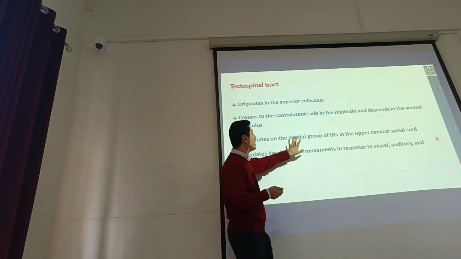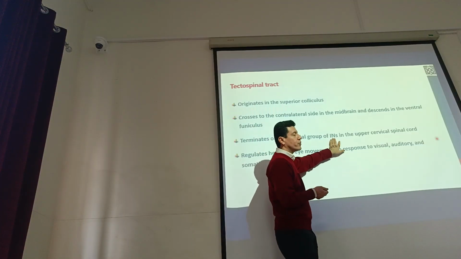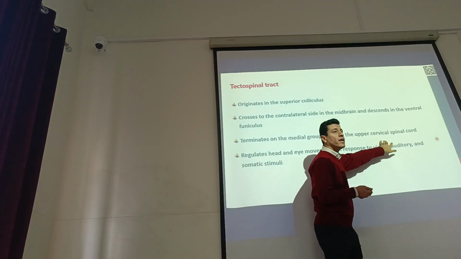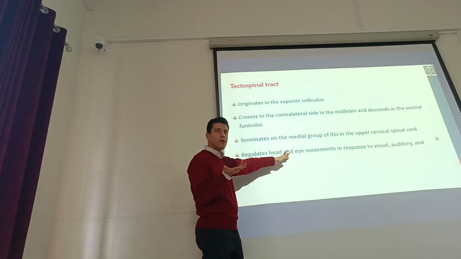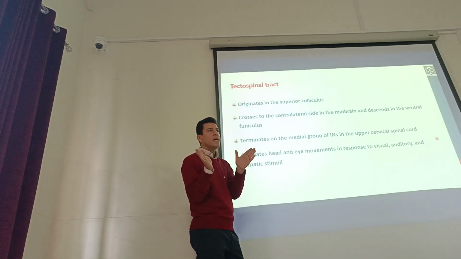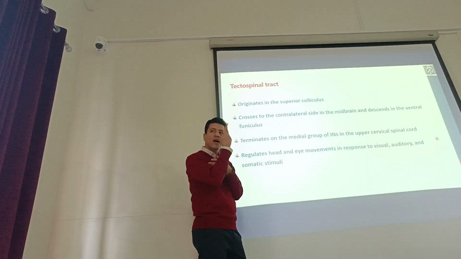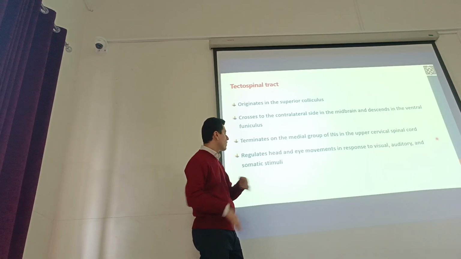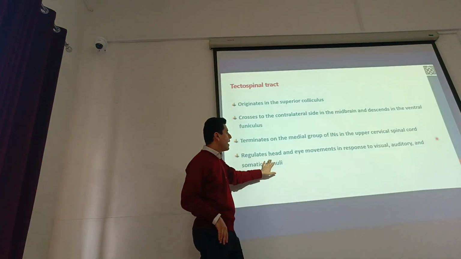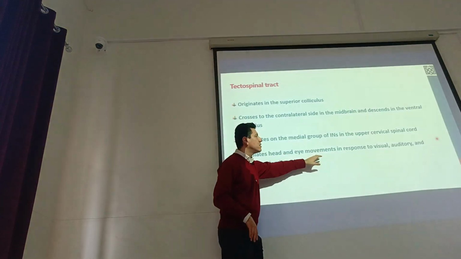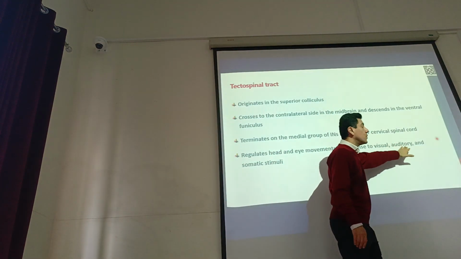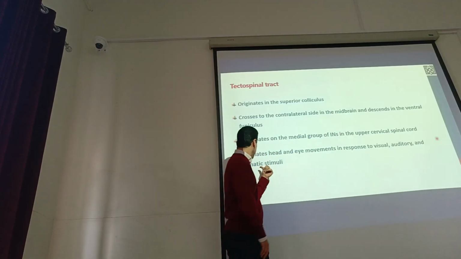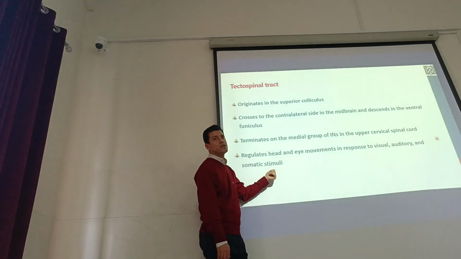They terminate on a medial group of interneurons in the upper cervical spinal cord. Again, in the cervical region of the spinal cord. So they are related to movements of the neck and eyes. Right? So they regulate head movements and eye movements in response to visual, auditory, and somatic stimulation.